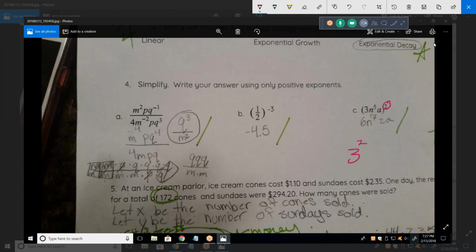The n has an exponent of 5, so I'm going to multiply 5 times 2, so that's n to the 10th. And then the a has an exponent of 1, so I'm going to multiply 1 times 2, that's going to be a squared. And the only thing I can simplify is that becomes 9. So my answer becomes 9n to the 10th a squared.